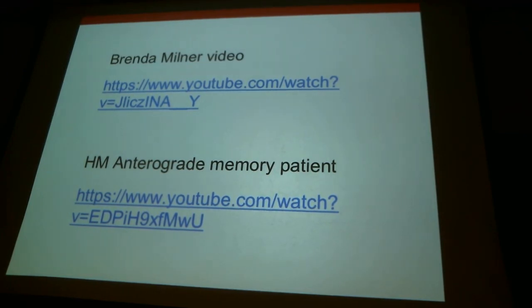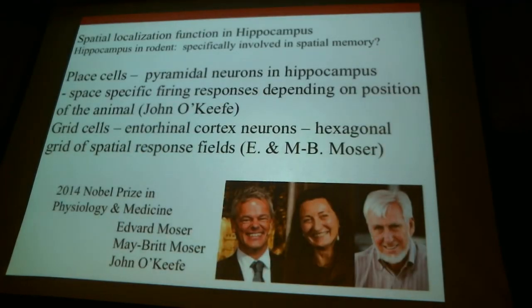Okay, and there's another video here where you can actually meet someone who has anterior brain amnesia. I won't play it here, but you can take the time to watch it. It's really interesting. Okay, but we need to move on to another topic in the hippocampus.